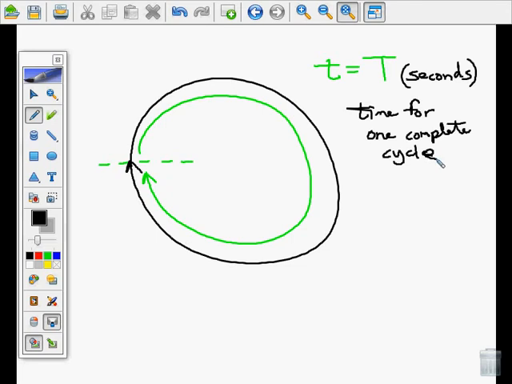And let's just look at some baby numbers here. Let's say that the period is 2 seconds for some circular motion, yes? So let's say this object right here takes 2 seconds to go all the way around.